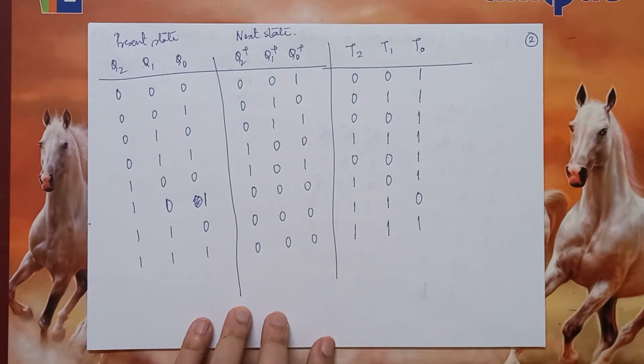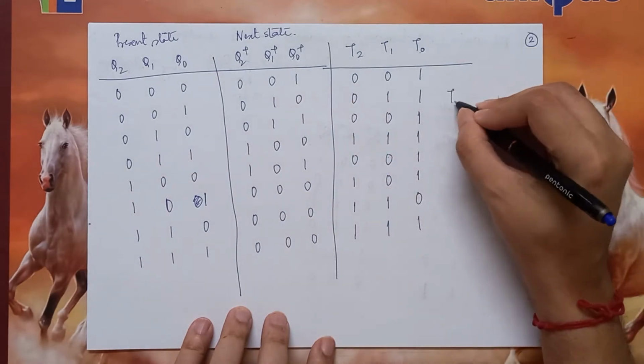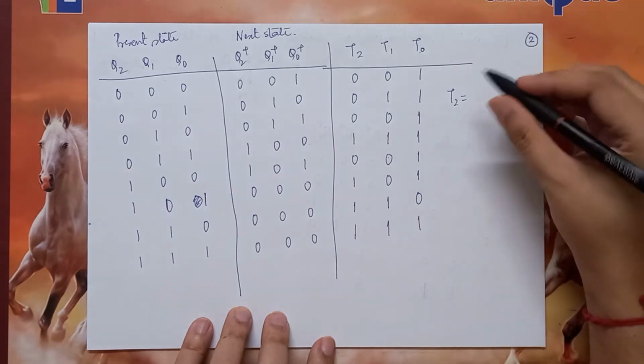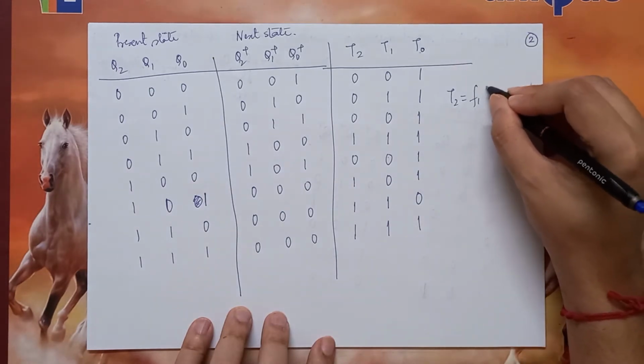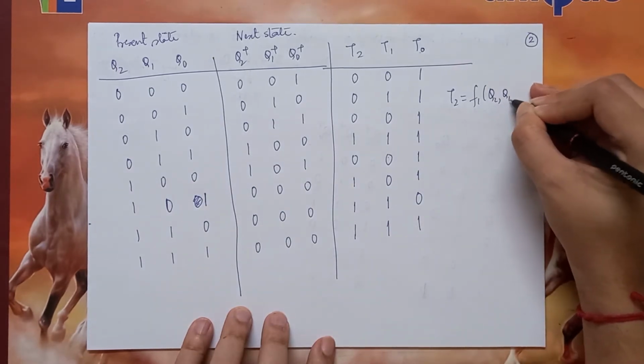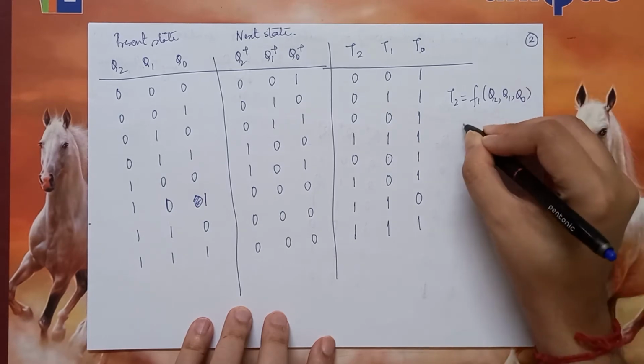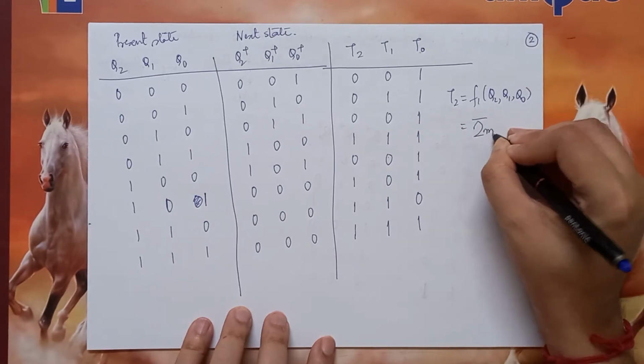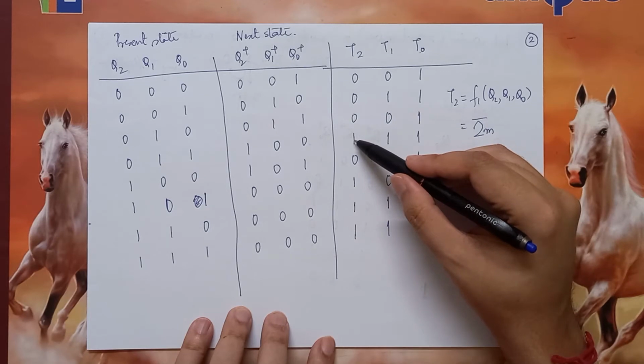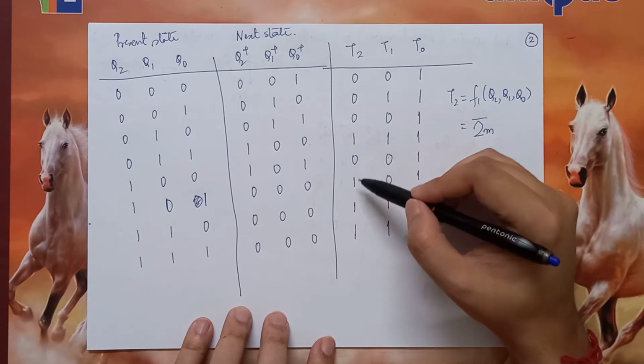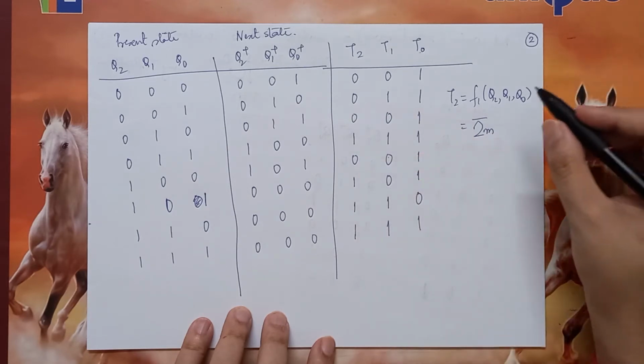So therefore, let me write T2 as a function of Q2, Q1 and Q0. Let's say some F1 of Q2, Q1 and Q0. If I write it in the sum form, the min terms are 3, 5, 6 and 7.